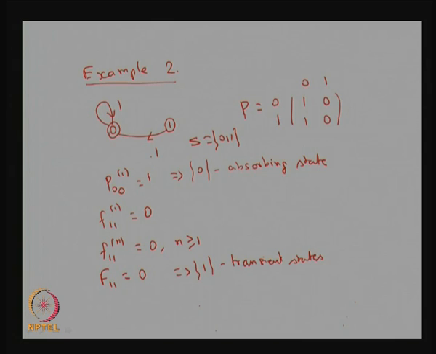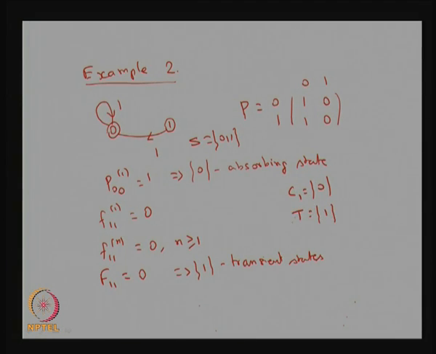Therefore, the state space is partitioned into one closed communicating class which has only one element, and the transient state is 1. Therefore, I can say the state space S is partitioned into the closed communicating class C1, which consists of only one element, and T, the collection of all the transient states, which is only one element here.